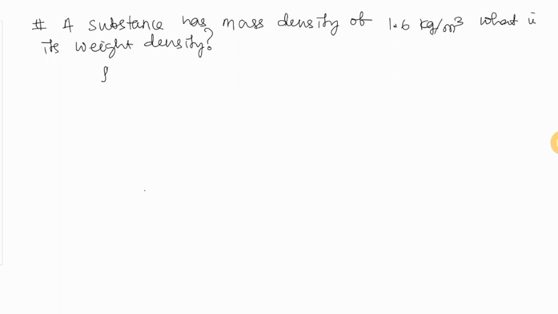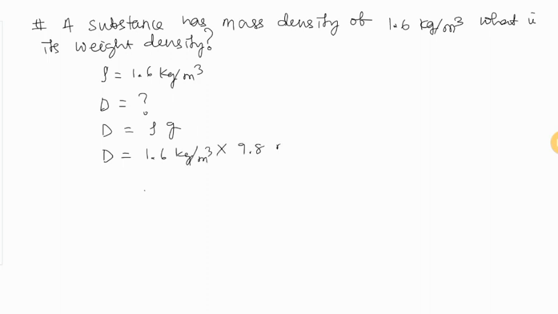Mass density is given, that is 1.6 kg per meter cube, and it is asking to find the weight density. We have a formula. Weight density is equals to mass density into acceleration due to gravity. So D is equals to 1.6 kg per meter cube into 9.8 meter per second square.